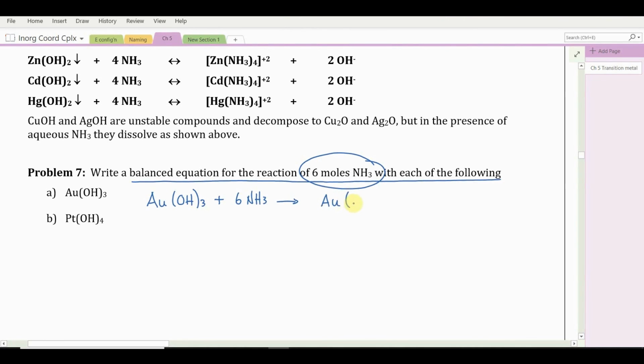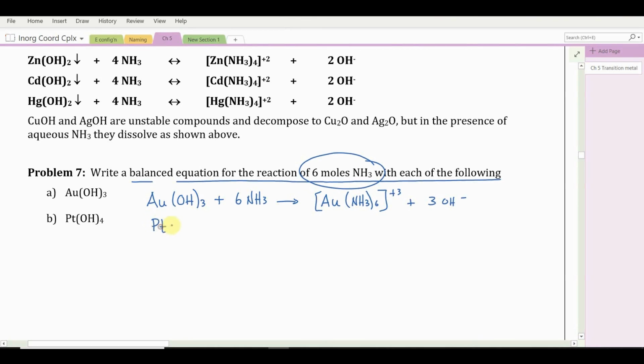Here's gold with 6 amine groups. And what's the charge on this? Well, in this complex here, gold is plus 3, and so it's still plus 3, and releases 3 moles of hydroxide ion. Notice that the charges are balanced. The charge on the left is 0, and the charge on the right, the total charge, is also 0.